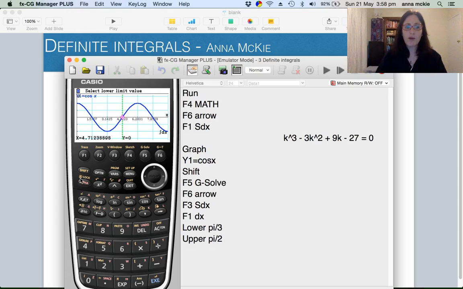So the lower one was pi on 3, enter, execute, and now select upper limit value. Shift pi on 2 or divided by 2, enter, and here's what we've been working out. The area under the curve between those 2 points, and have a look here, the integral is 0.134. Excellent, that's what we've found.